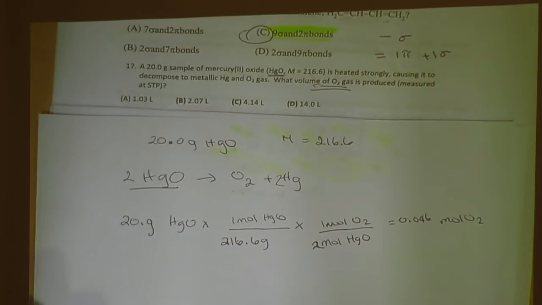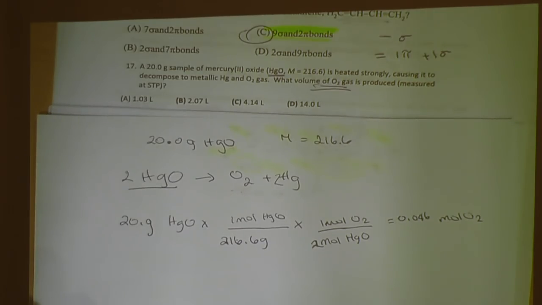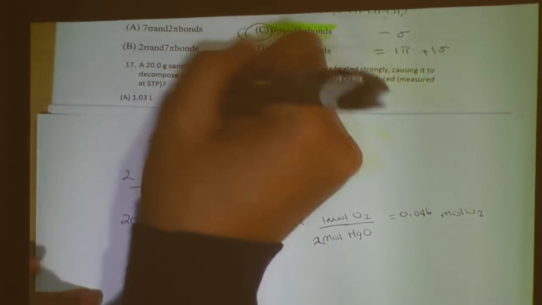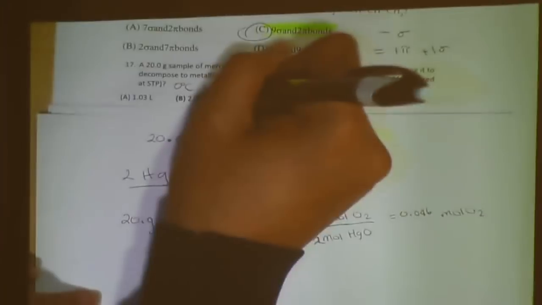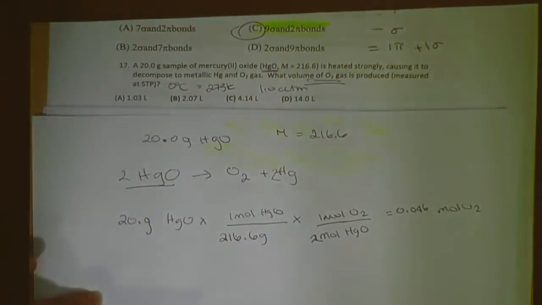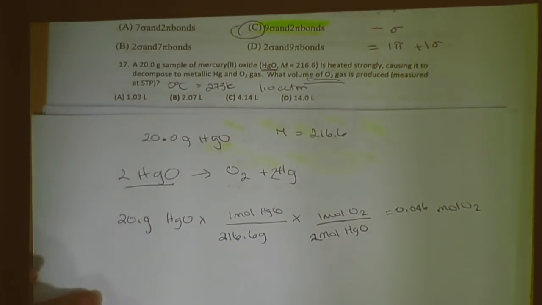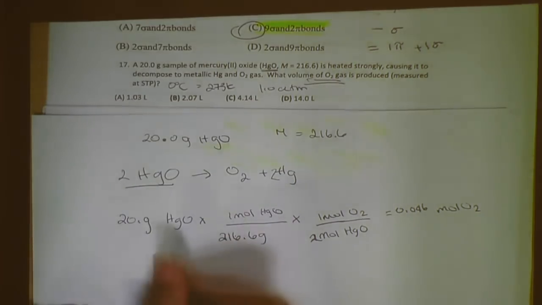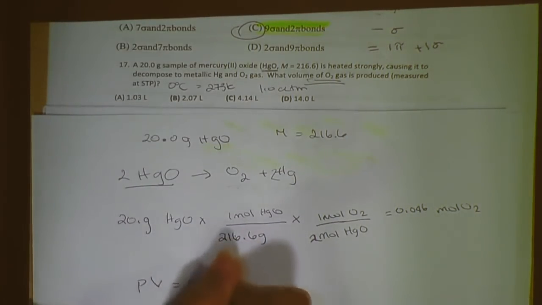Now, they tell you it's at STP. STP means standard temperature and pressure. Standard temperature is 0 degrees Celsius or 273 Kelvin, and standard pressure is 1 atmosphere. What equation do I know has moles, temperature, and pressure? PV equals nRT.